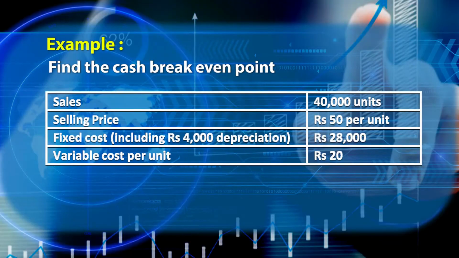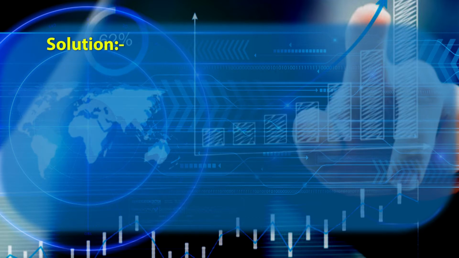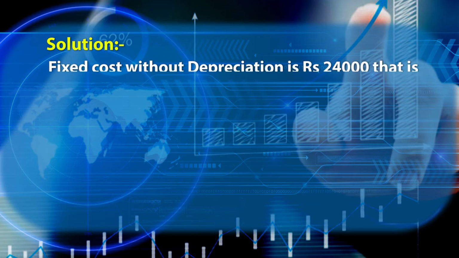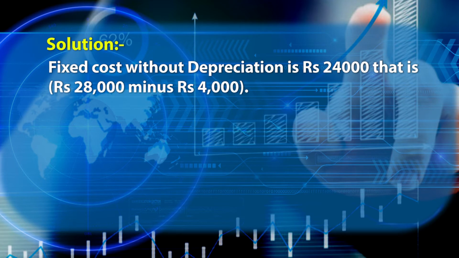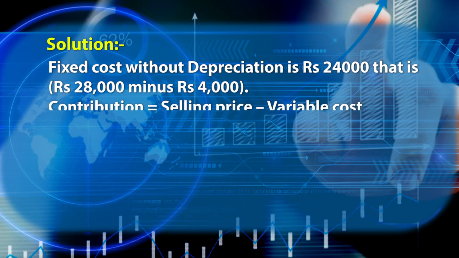Let's take one more example to understand the concept better. Sales rupees 40,000, selling price rupees 50 per unit, fixed cost including rupees 4,000 depreciation rupees 28,000, variable cost per unit rupees 20. Fixed cost without depreciation is rupees 24,000, that is rupees 28,000 minus rupees 4,000.